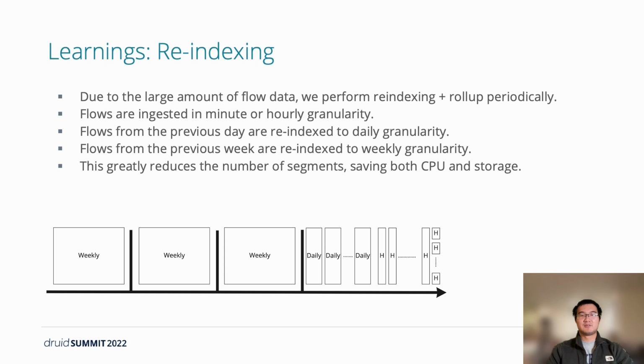Our flows are originally ingested in minute or hourly granularity. Every day, we reindex the flows from the previous day to daily granularity. Every week, we reindex the flows from the previous week to weekly granularity. This greatly reduced the number of rows and segments, saving both CPU and storage.